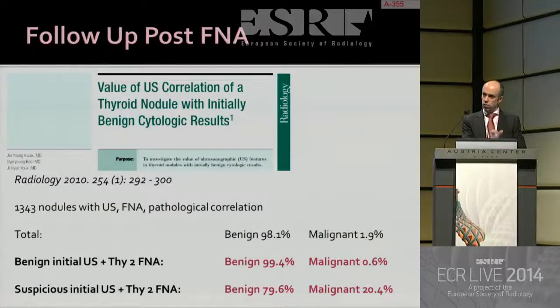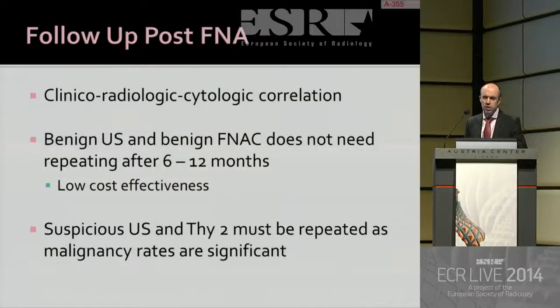Conversely, if your initial ultrasound is suspicious, but you have a benign FNA, the malignancy rates are still significant. These should be repeated. Malignancy rates can be up to 20% if your ultrasound looks suspicious, but your FNA is benign. So we want to have a clinical, radiological, cytological correlation. If there's discordance between the two, we need to think about repeating.